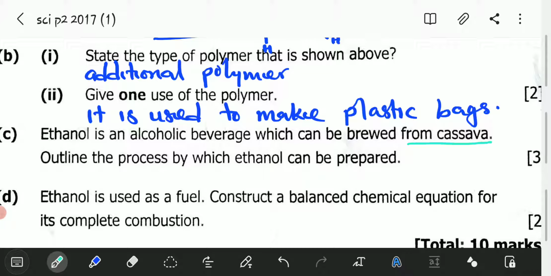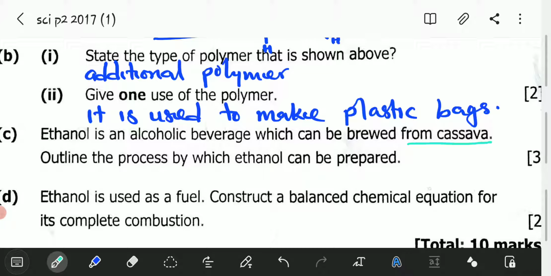Now, there are two ways in which we can manufacture ethanol. One is hydrating ethane. When we hydrate ethane, we make ethanol, but that does not involve sugar, so we will not look at that one.